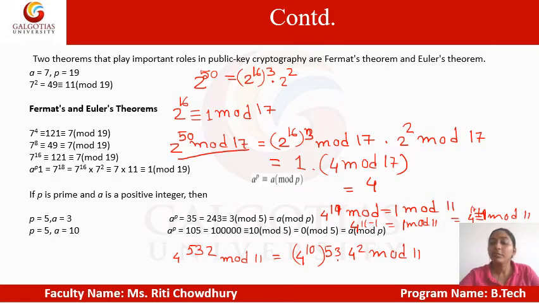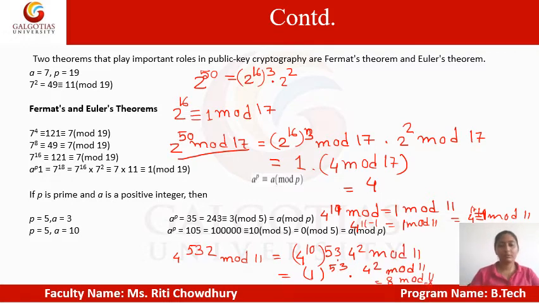From this we can conclude that this will be 1 to the power 53, and this is 4 square mod 11. This will be 16 mod 11, so the remainder will be 5. From this we can conclude whether a number satisfies Fermat's theorem or not.